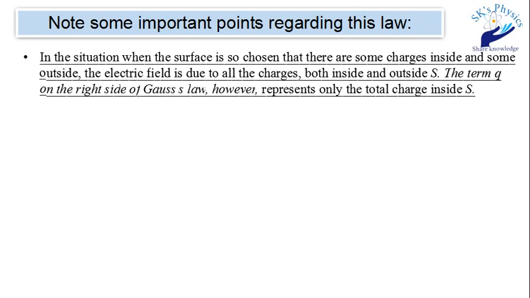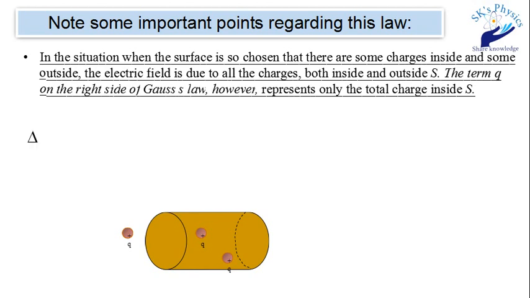That means consider the electric field due to all charges, but for q take the total charge inside. Delta phi is equal to integration E dot ds in terms of the electric field, and delta phi is equal to q inside by epsilon 0 in terms of charge.